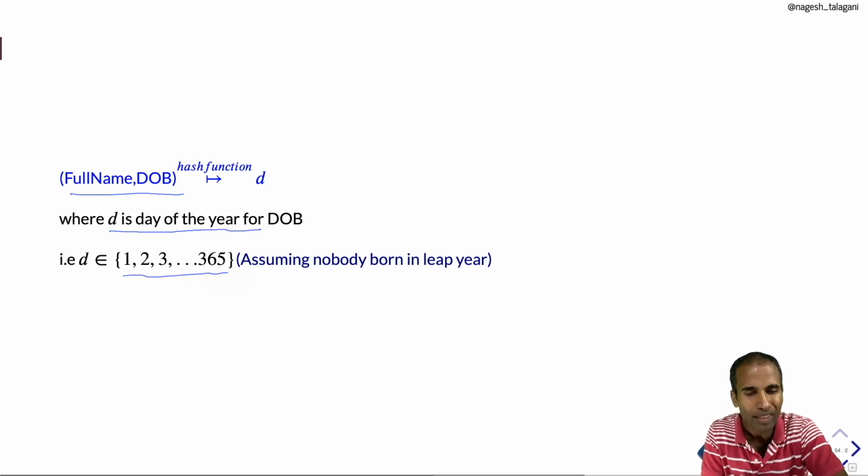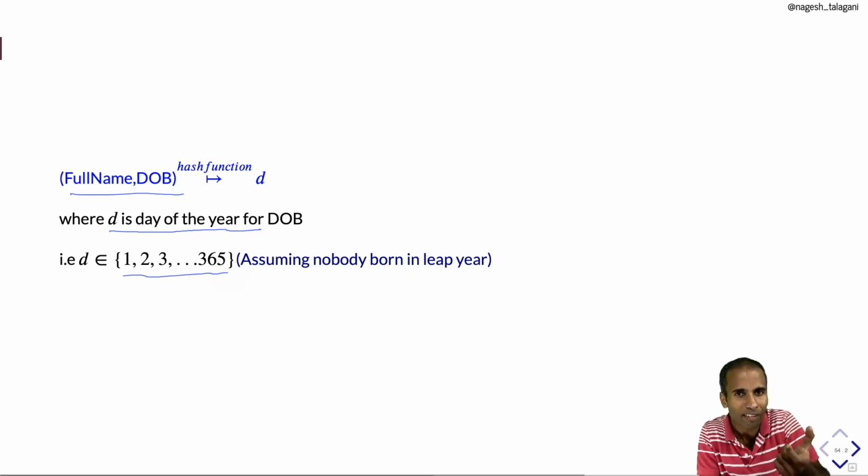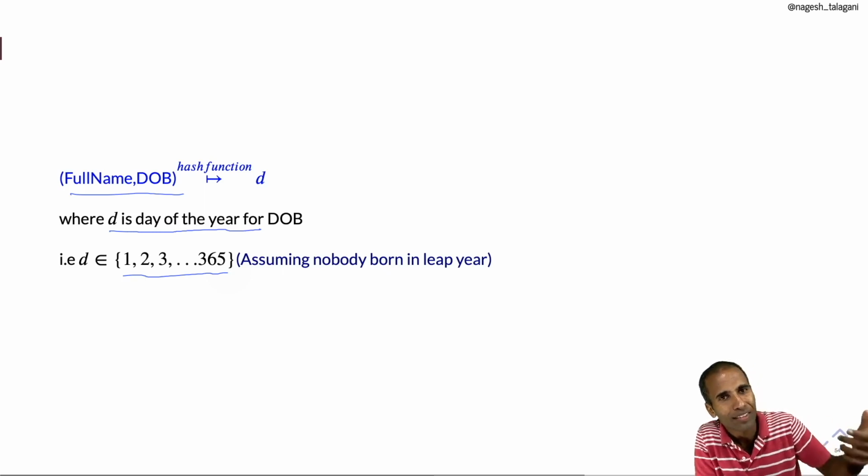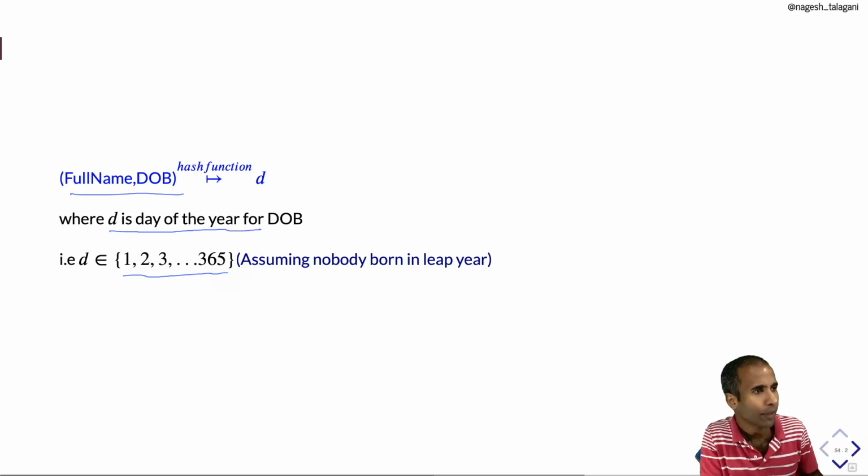Okay, that means this hash function only looks at the date of birth, then it will give the corresponding day of the year. So that is our hash code, and we are going to take this hash code as it is as the index because we are going to work with an array of size 365. So we'll have all these indices from 1 to 365.